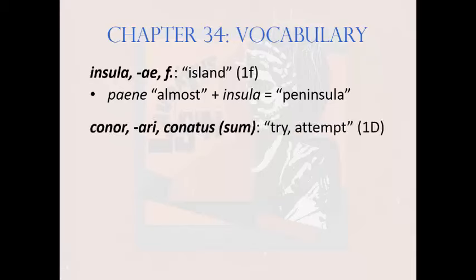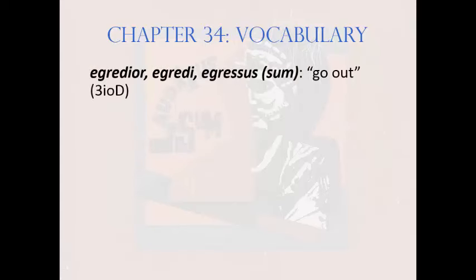Next is another deponent, this one first conjugation. Conor, conari, conatus sum, meaning try or attempt. Its sense demands a complementary infinitive, try or attempt to. And the last word on this vocabulary list is yet another deponent verb. That makes 10 total. Egredior, egredi, egressus sum, meaning go out.